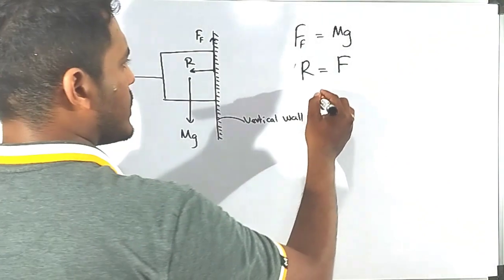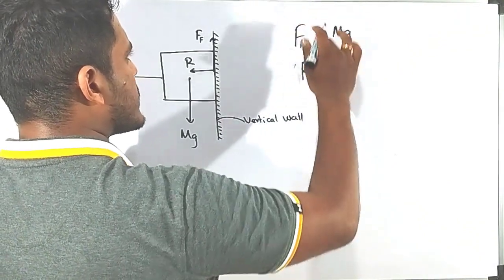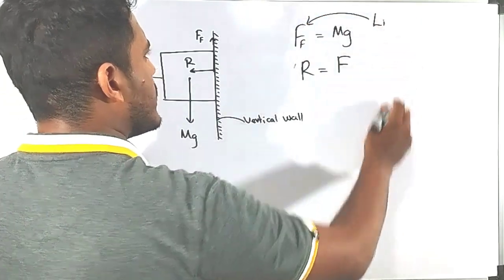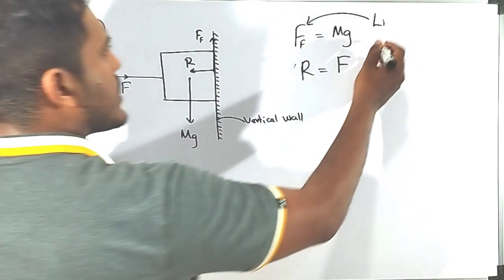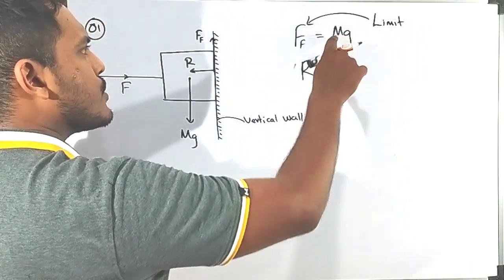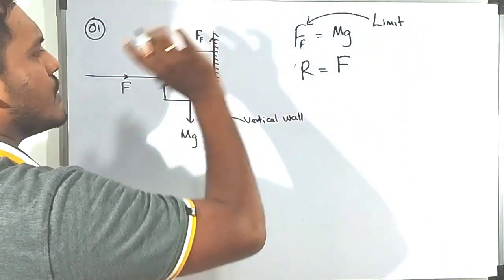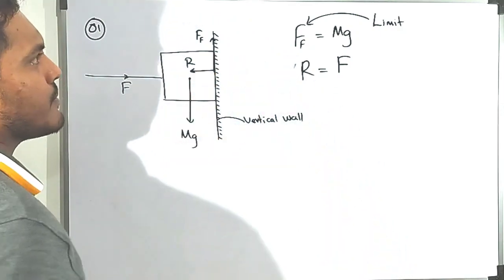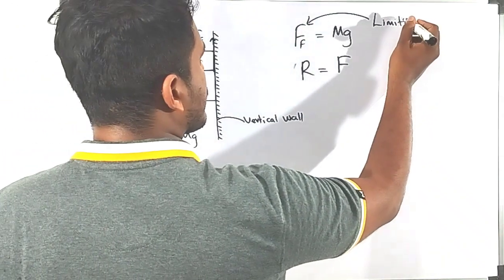For the limiting case, this frictional force will be equal to the limiting frictional force, because this will be the minimum frictional force that should be exerted on the object to maintain equilibrium with mg.